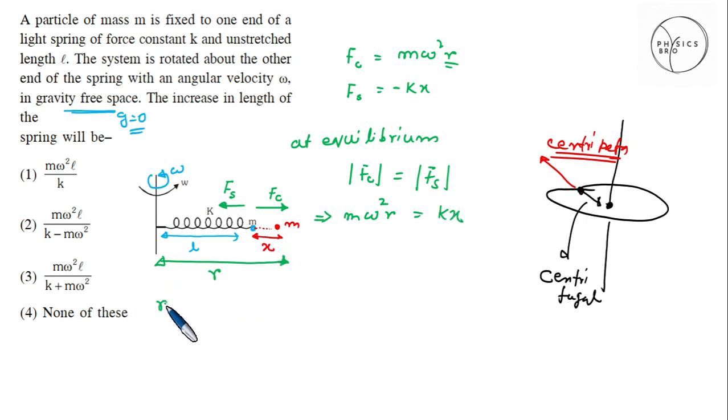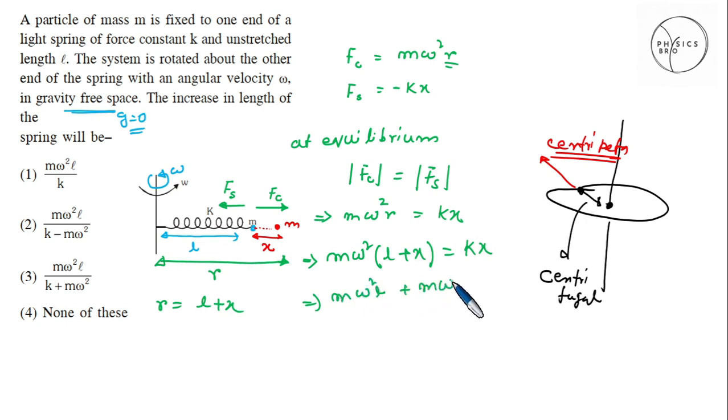Okay, that's good. So what is r? r equals L plus x, and we are putting it here: m omega square into L plus x equals kx. So now we have to calculate x. So m omega square L plus m omega square x equals kx.